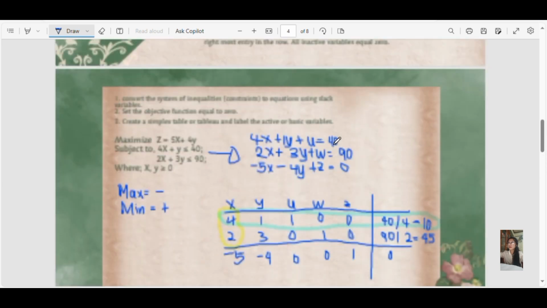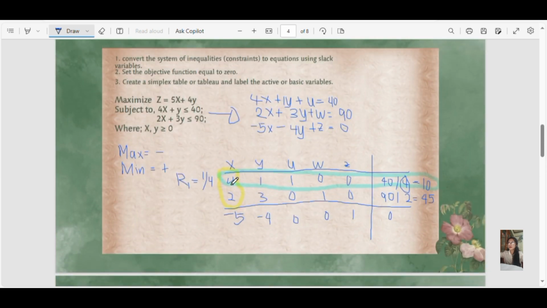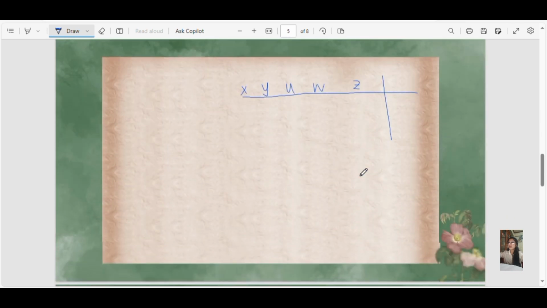Again, row 1: we are multiplying that by 1/4, so that will be 1 and 1/4, then also 1/4, 0, 0, and 10. Then just copy row 2, that is 2, 3, 0, 1, and 0, then 90.